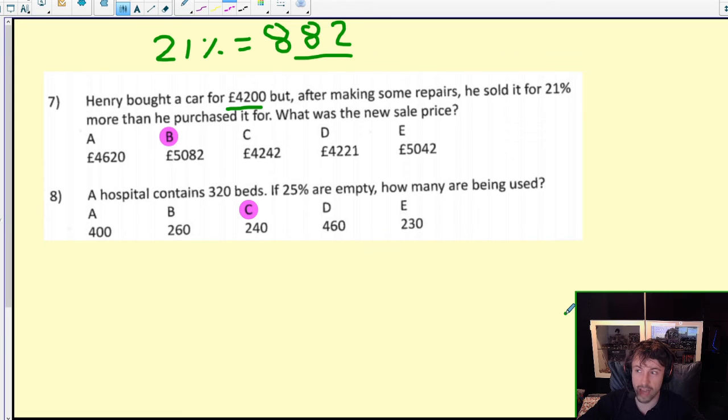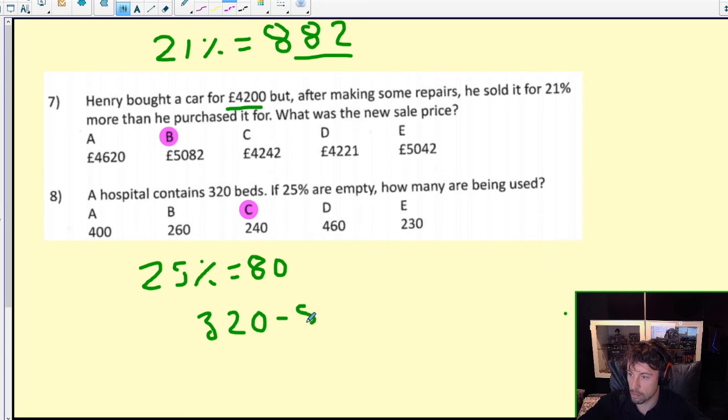So I get 80 beds being empty. So if 25% equals 80, our answer is going to be 320 minus 80, which equals 240. So just adding on that one little step.